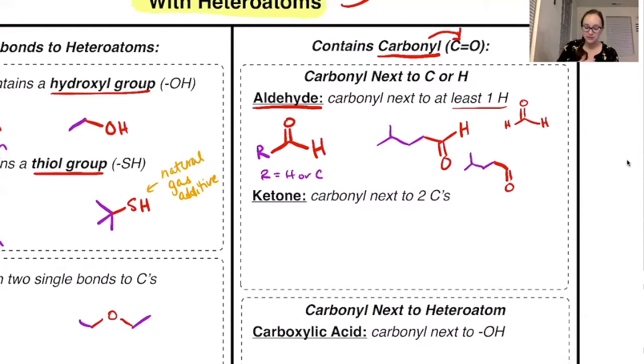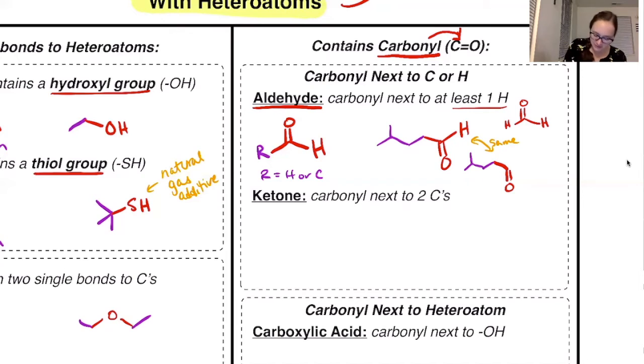We can draw it just like this, and those are the same thing. We do not explicitly have to draw that hydrogen. You will find that I always will draw it because I feel like this carbonyl is just naked or something. Maybe that's just me, but I like drawing it there so that I know for a fact I'm not forgetting something or didn't stop drawing the molecule halfway through.